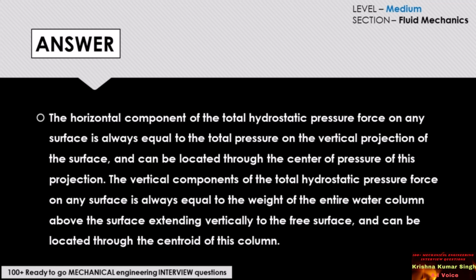The vertical component of the total hydrostatic pressure force on any surface is always equal to the weight of the entire water column which is above the surface, extending vertically to the free surface, and it can be located through the centroid of this column.